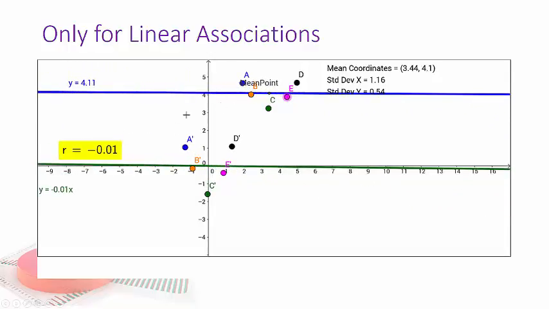What's my correlation? It's -0.01, which is kind of close to 0. So it implies that there's no correlation between X and Y here. But you can see this probably could be parabolic. If the association is not linear, correlation is useless, all right? So it's only for linear relationships.